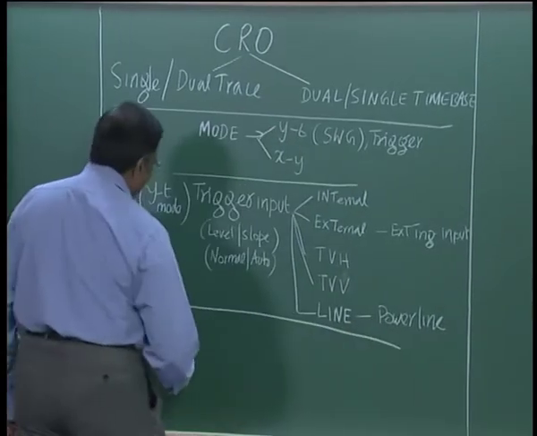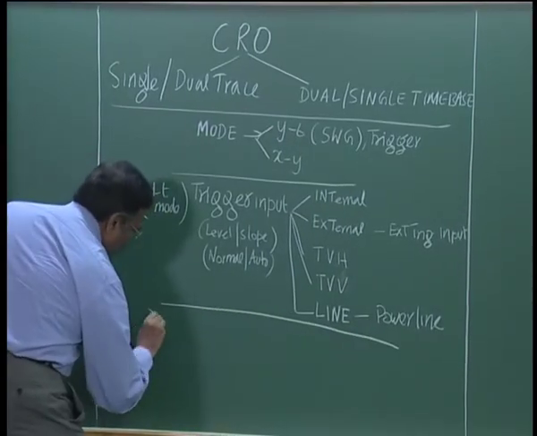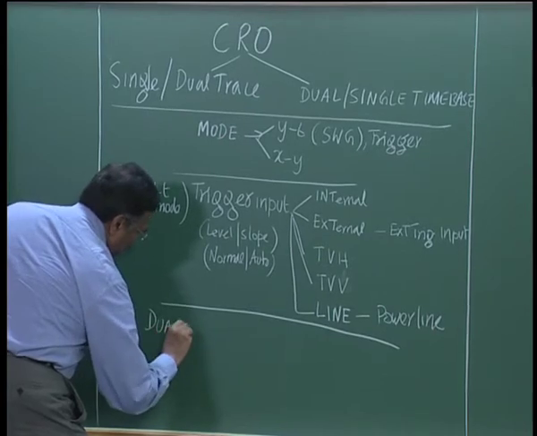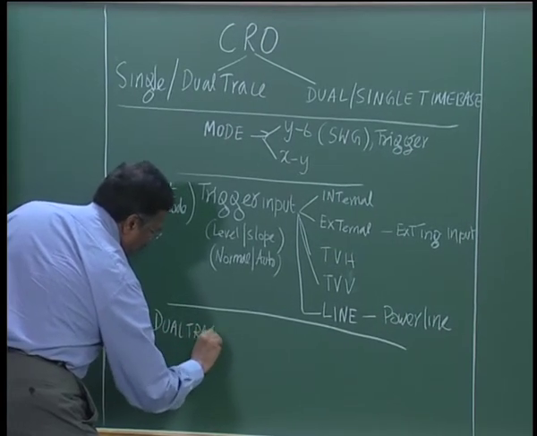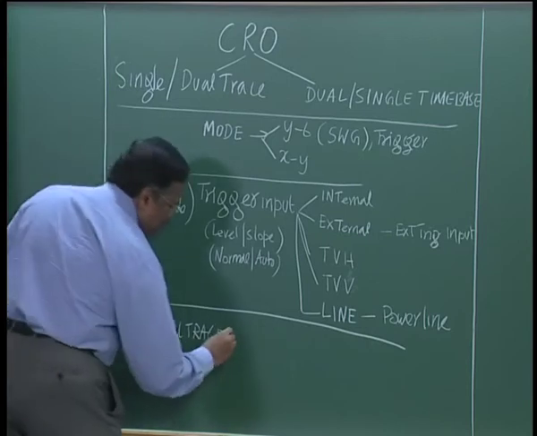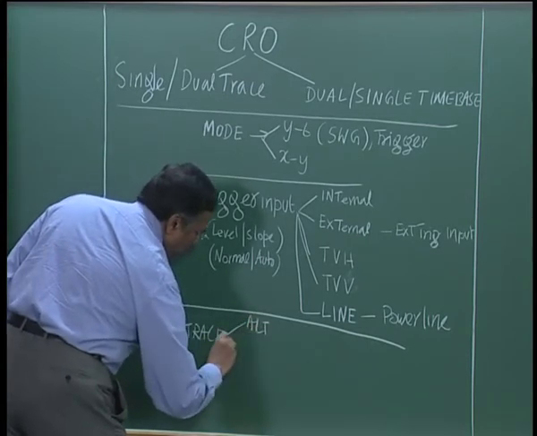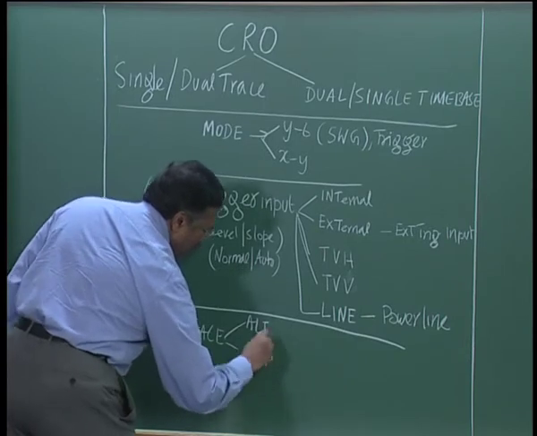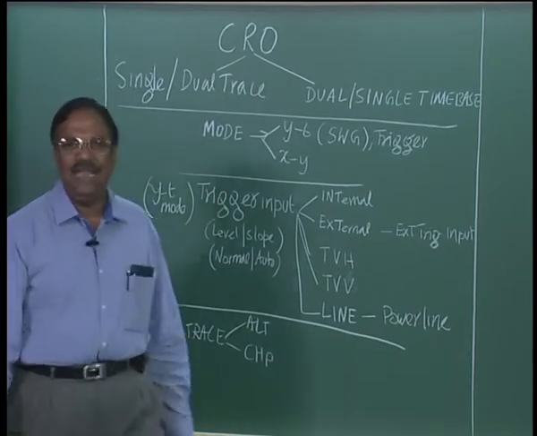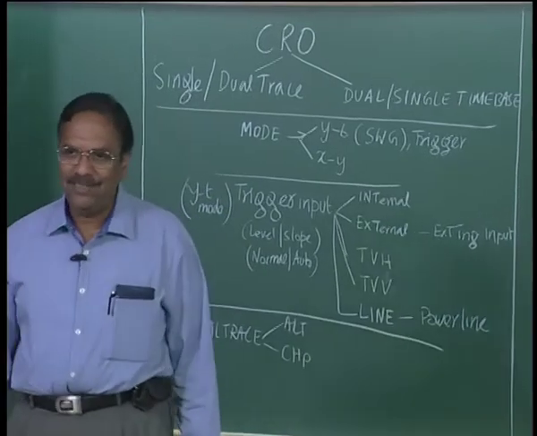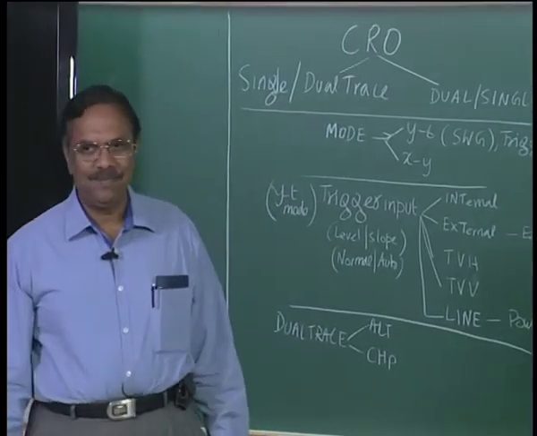Okay. Now, if it is dual trace, you can choose the alternate mode or chop mode. We have already seen what alternate mode and chop mode mean.